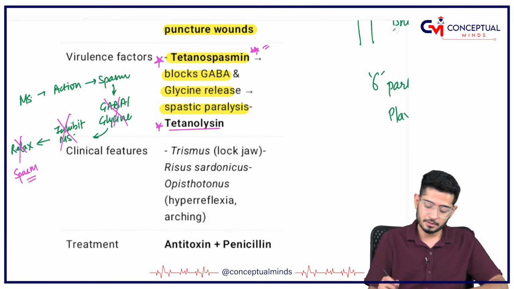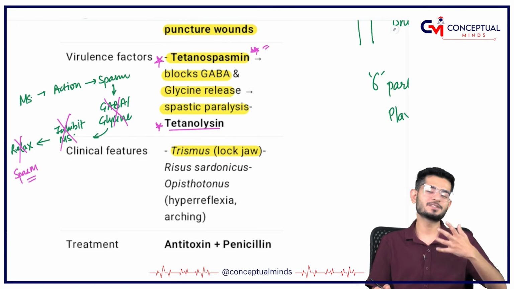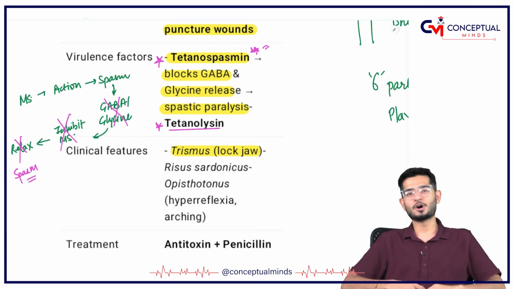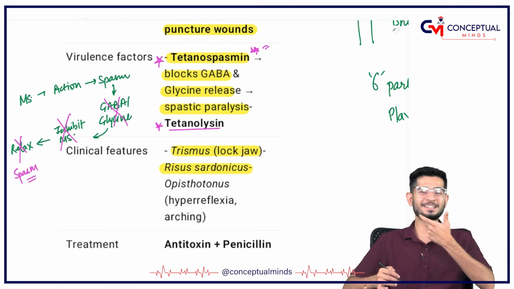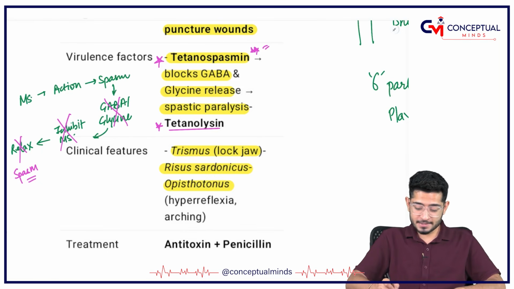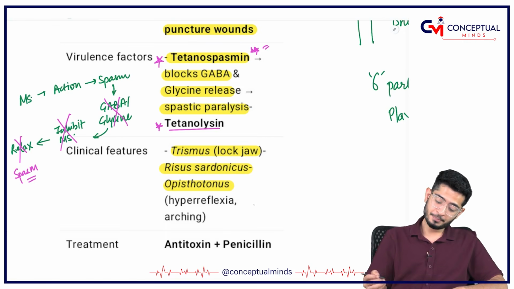So what are the clinical features? Trismus, that is locked jaw. I'm not smiling, I'm just telling you how the jaw looks. Locked jaw. And risus sardonicus, happy, always happy. Opisthotonus means there will be hyperreflexia, arching. The person will be like this.